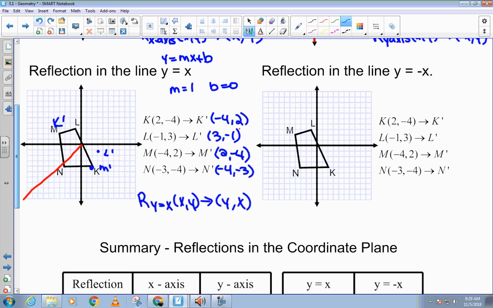Now, the N you can see is a half a unit diagonal, so you got half a unit on the other side. It might be easier to see on your paper, but the coordinates are negative 4, negative 3. Okay, so that becomes right here. And then we connect our points, and we reflect it over the line y equals x. This was a half unit diagonal, so you go a half unit in the other direction. It's kind of hard to see.